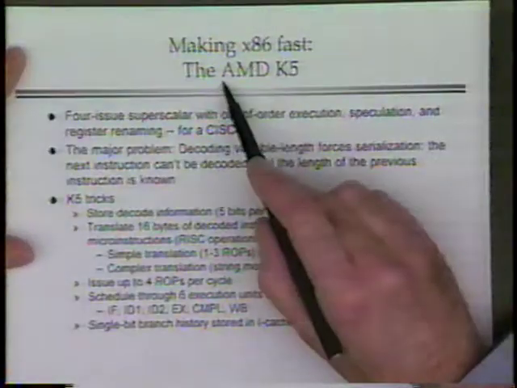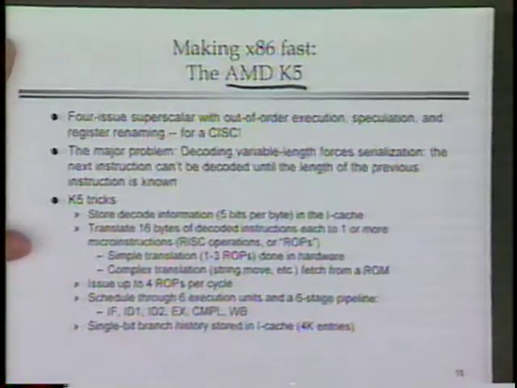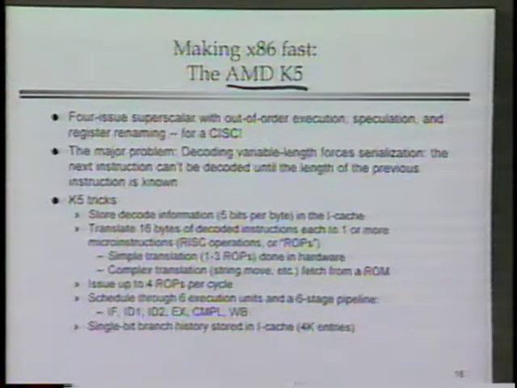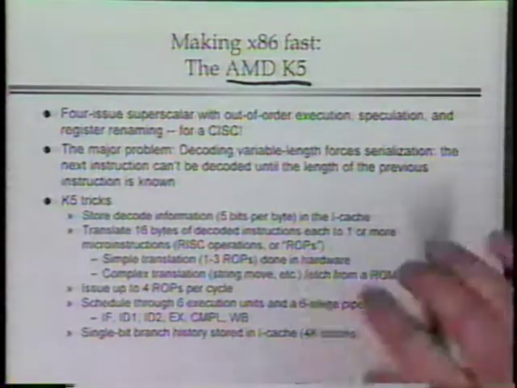Okay, those are fast RISC machines, but what about, remember that old x86? A machine that everybody hates, but 85% of the computers in the world are using? How do you make a machine like the x86 run fast? Amazingly enough, people have done it, and I just want to take a fast look at the AMD K5, which is one of the latest machines that implements the x86 instruction set, yet tries to take advantage of all of the features that we've been talking about.